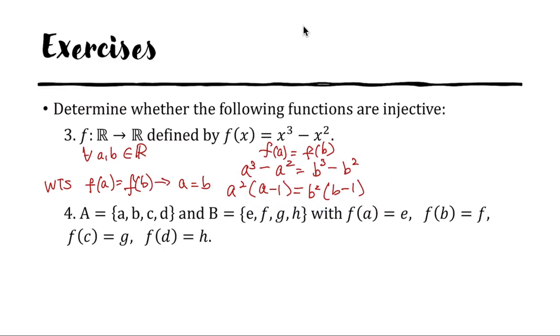Now, if I ask you what's f(0) equal to? If you just look at x cubed minus x squared, we can write it as x squared times (x minus 1). So f(0) will give you 0. Now, what does f(1) give you?